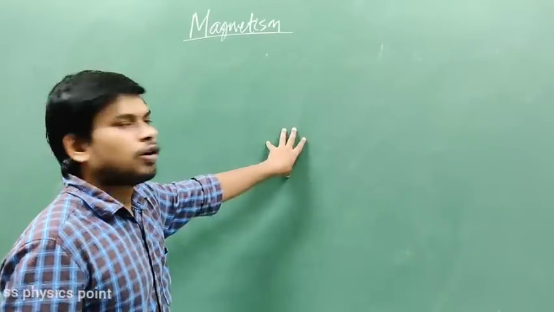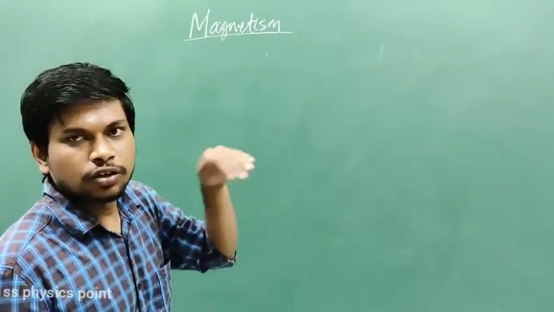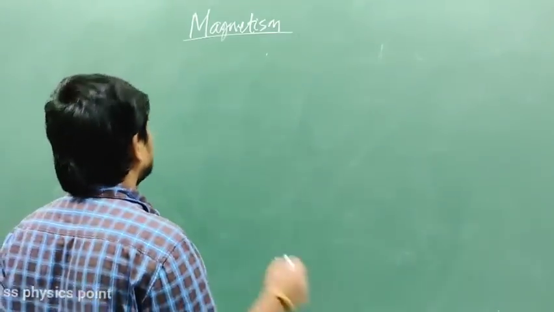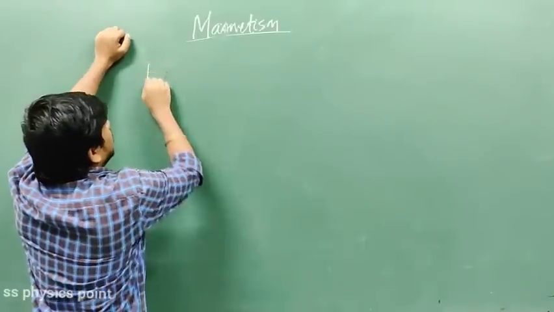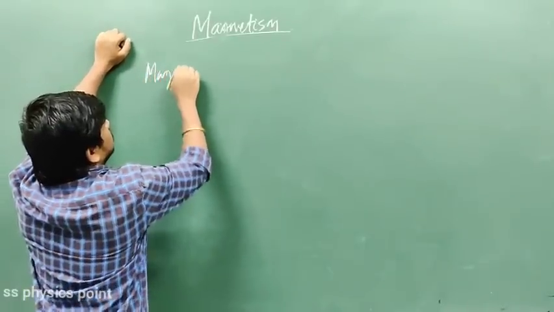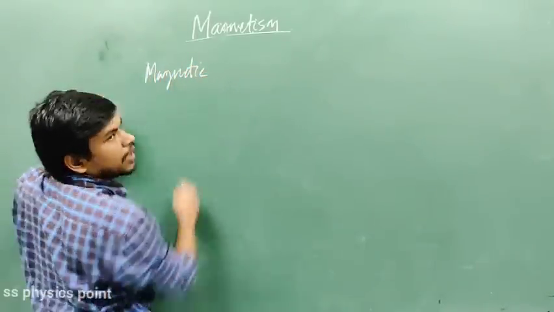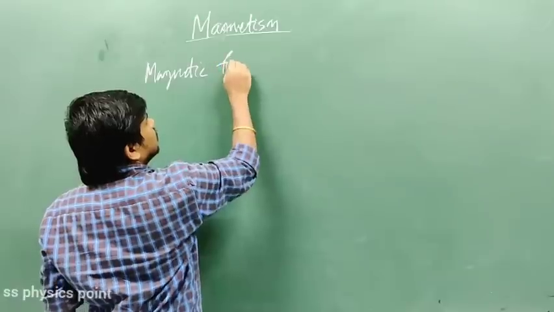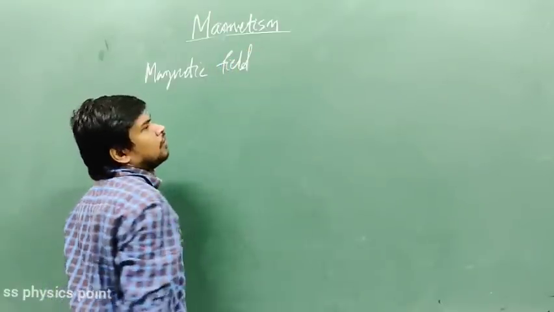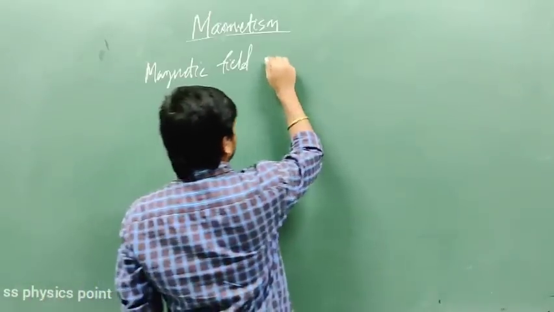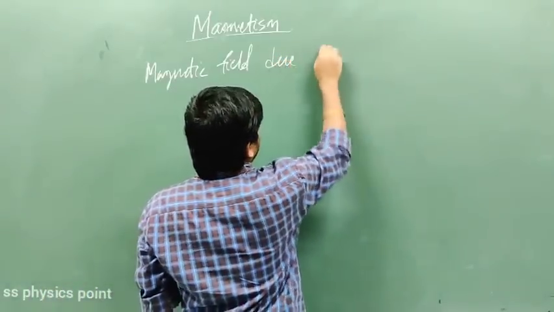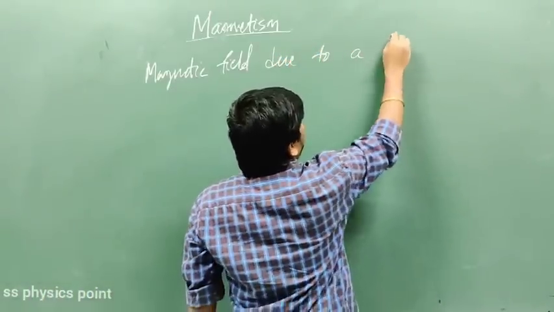You have to find the magnetic field on the axial line. So, magnetic field due to a dipole.